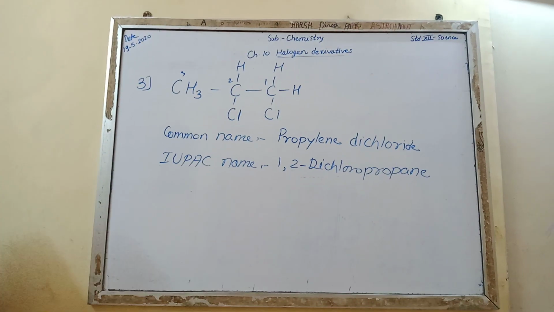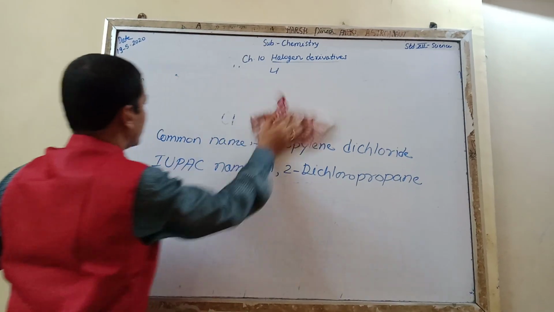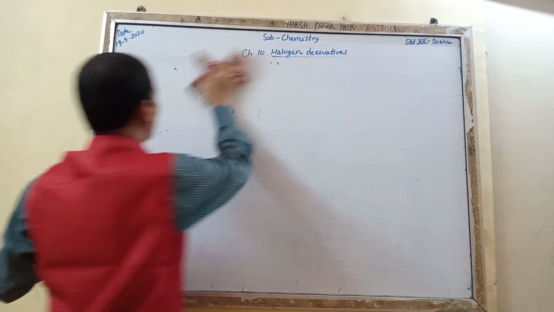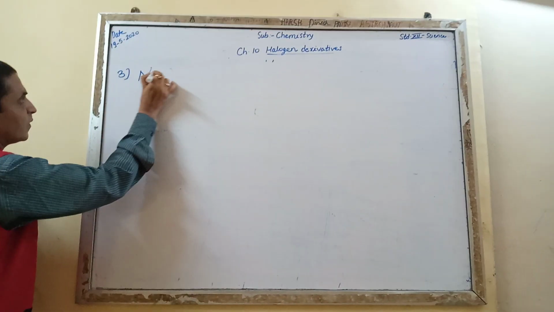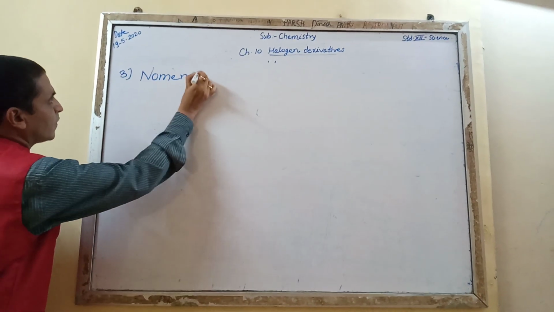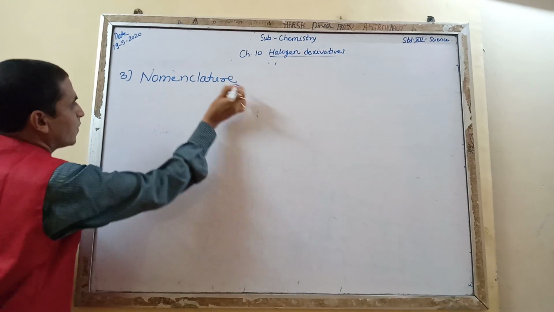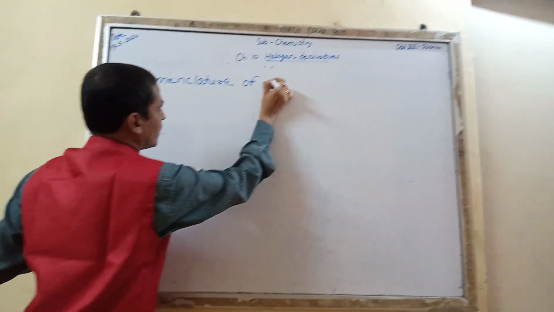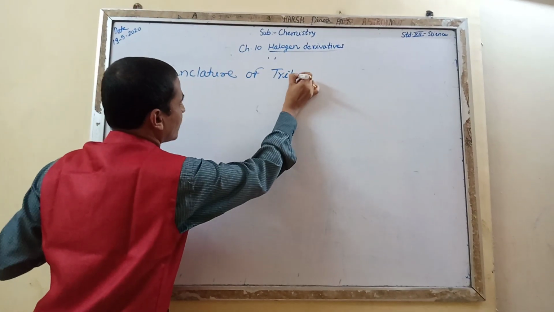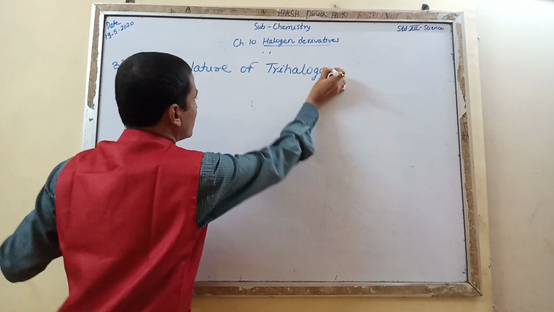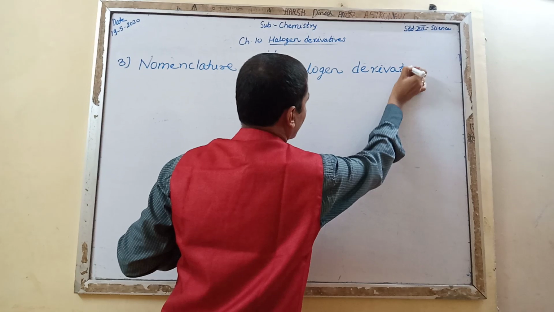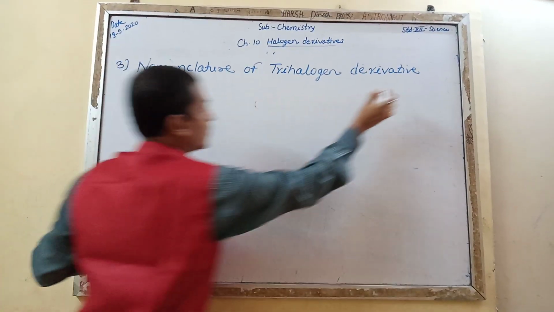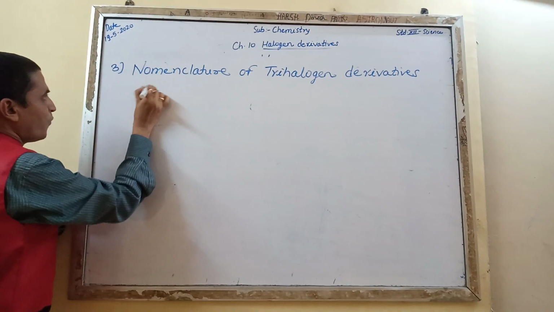Now we will proceed for the next part, that is the third part, nomenclature of trihalogen derivatives of alkane.